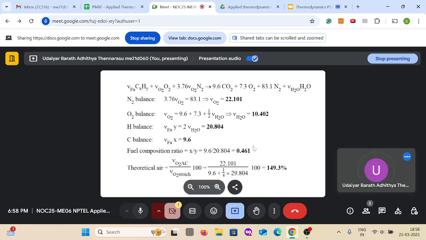I think there's a small mistake here: 20.804 into 0.5 plus 9.6.